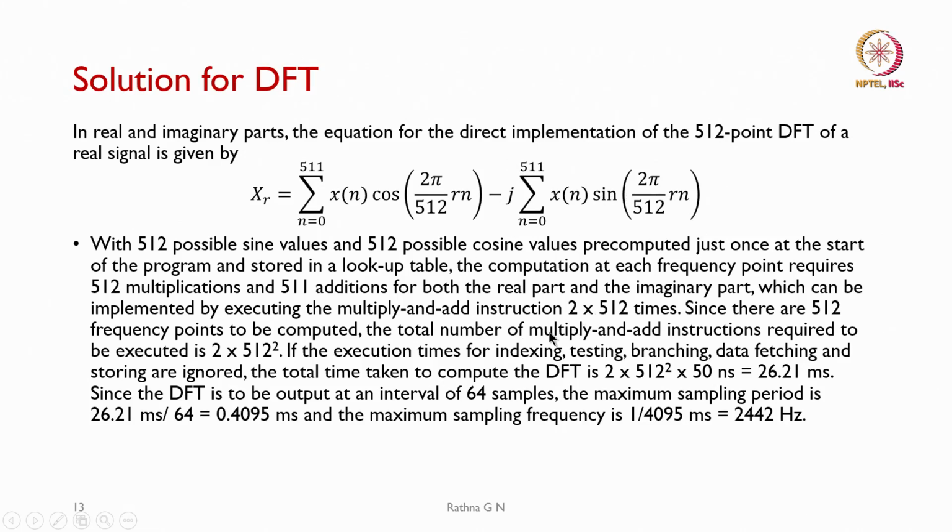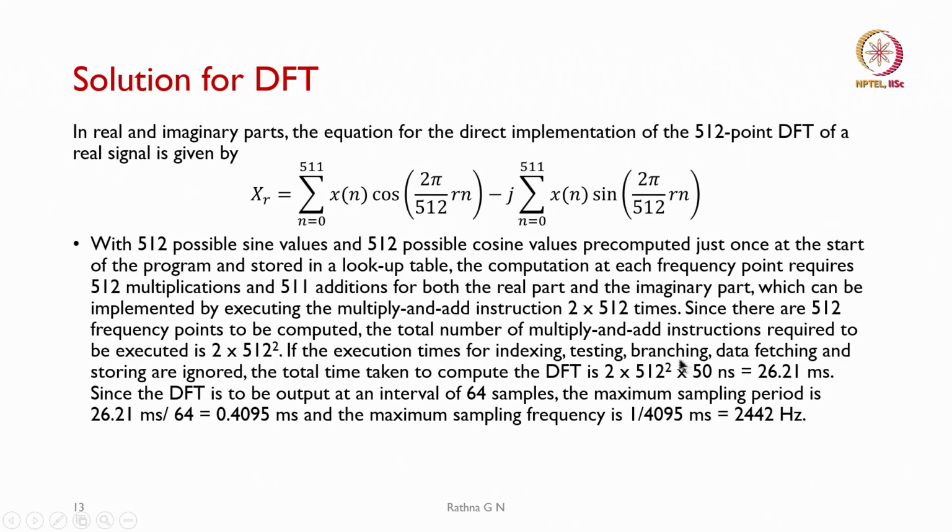Then it is of the order of n, 2 into 512 times what we want, but r is going to go between 0 and 511. So, it is 2 into 512 squared that is our computation time to do our N-point DFT.